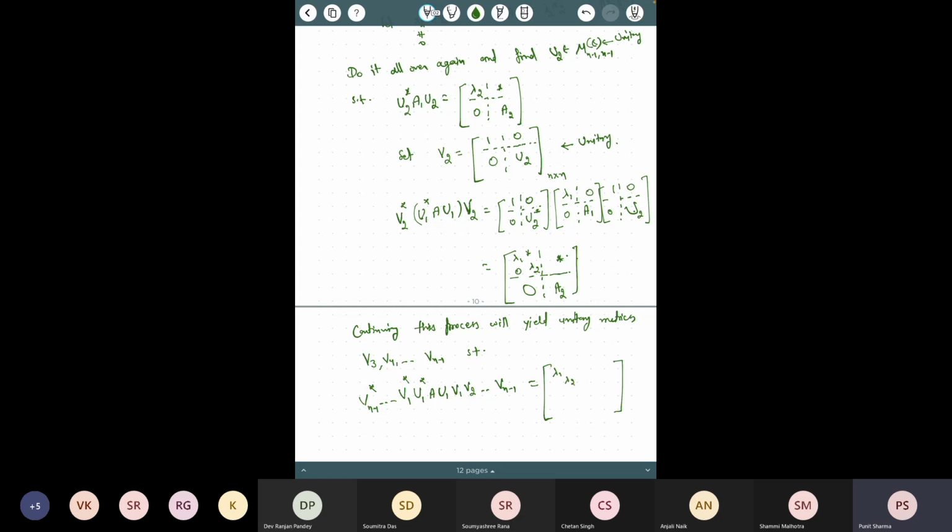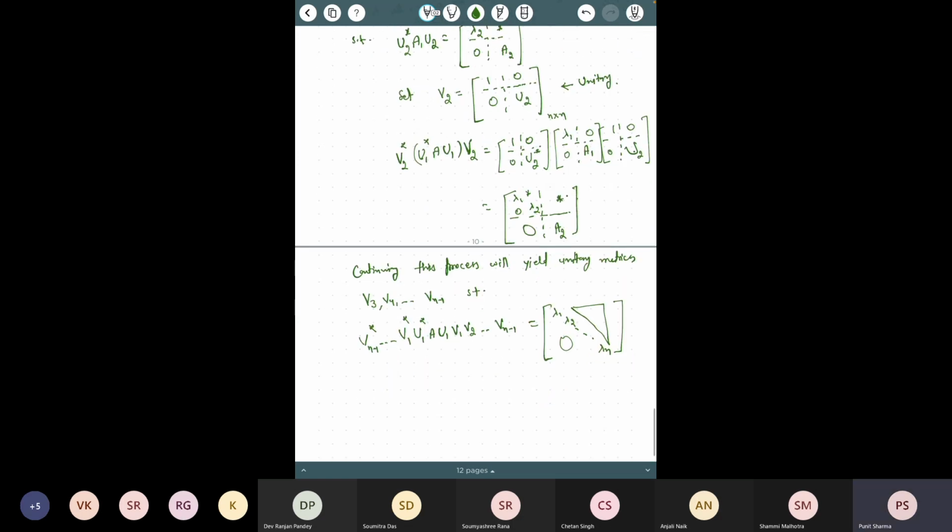It's lambda 1, lambda 2 and so on up to lambda n, and then we have this upper triangular form. So this is your matrix T.